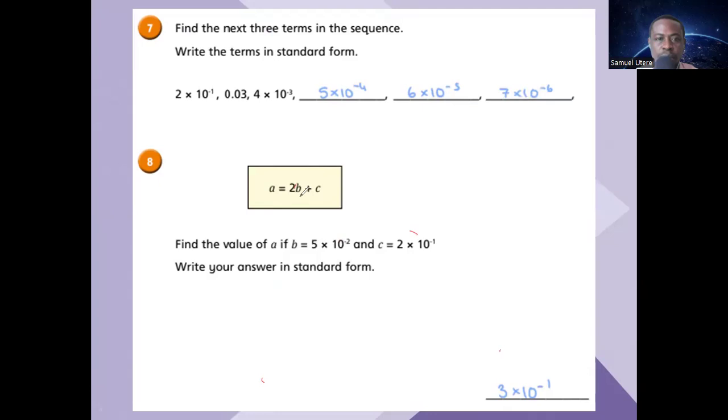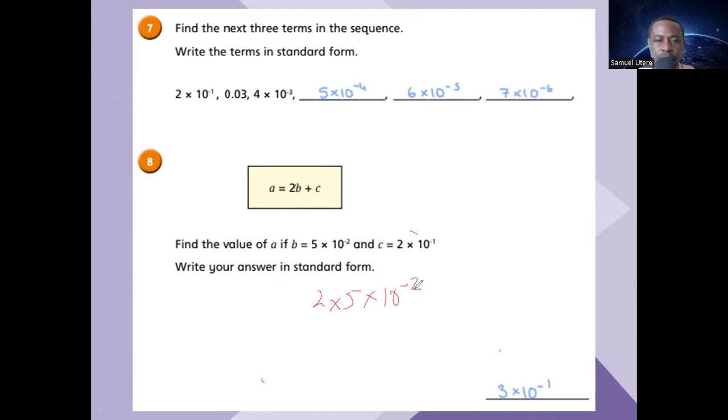So we're going to replace these letters with the numbers. So here, 2b will be 2 times, b is 5 times 10 to the power -2. So we'll do 5 times 10 to the power -2.